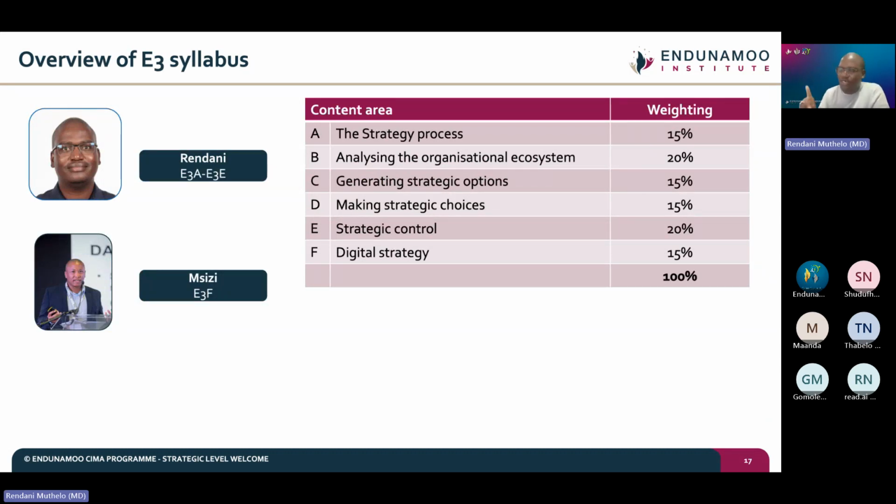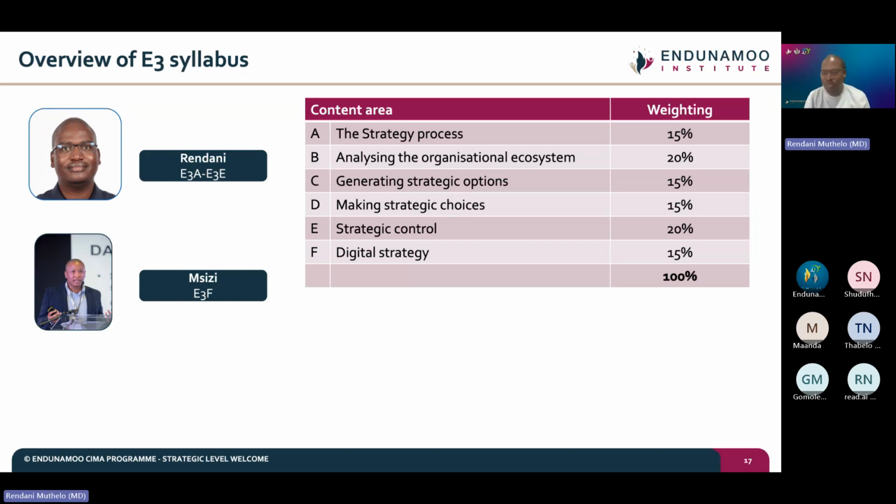So the other thing I've not spoken about so far is what they refer to as weightings. So you'll then see that this syllabus E3 has got 6 sections. It's got A to F. You need to know all of them. But you might be saying, okay, if I'm to split my time, how much time do I need to dedicate?